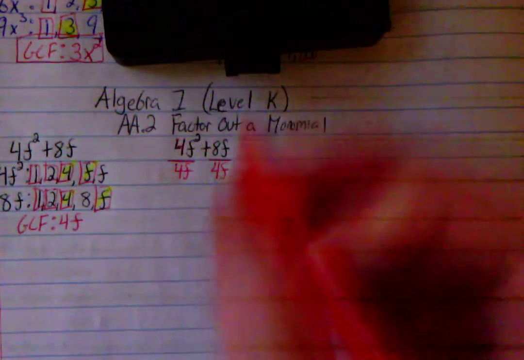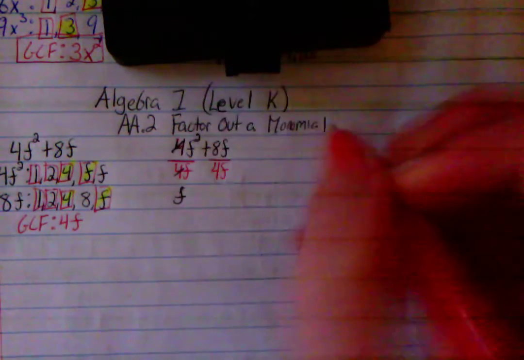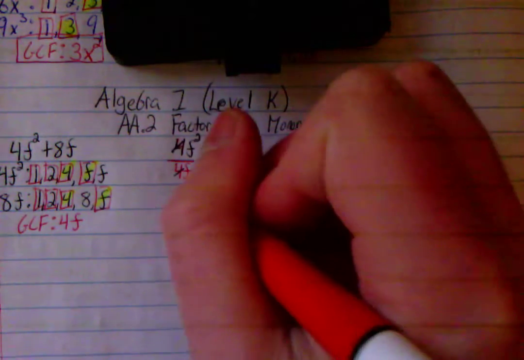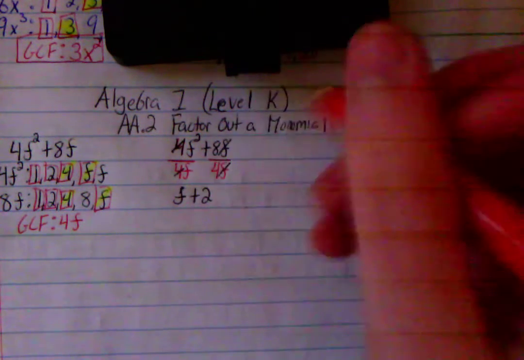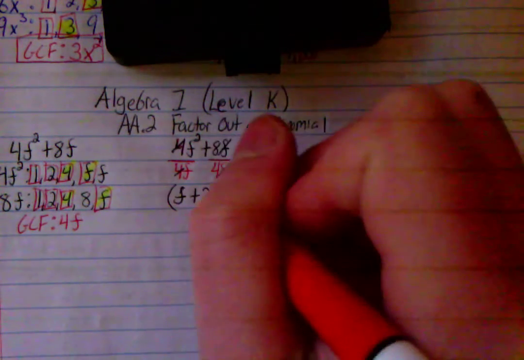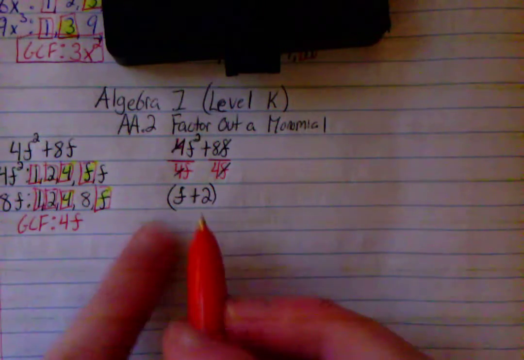So 4 divided by 4 is 1, f squared divided by f is f. 8 divided by 4 is a positive 2, f divided by f is 1, that cancels, so I have f plus 2 left. Okay, that is not the answer.